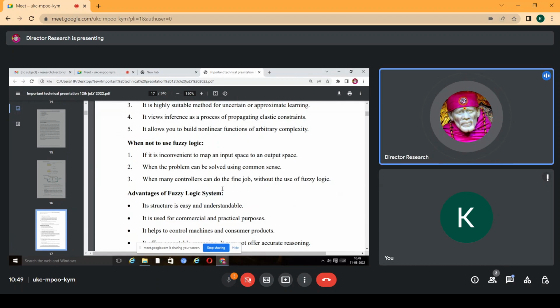What are the advantages of fuzzy logic systems? Its structure is easy and understandable. It is useful for commercial and practical purposes. It helps control machines and consumer products.